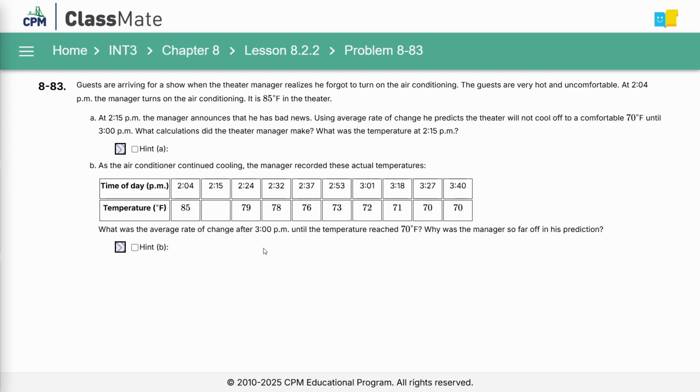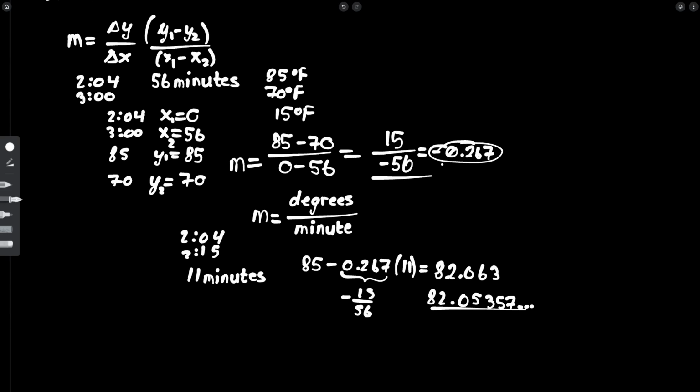The reason he was so far off is that he incorrectly assumed that the change in temperature was linear. He assumed that if the temperature is decreasing, it is decreasing at a constant rate. That means he is using the value that we have found and assumed that this must be how much the temperature will drop per minute no matter what happens.